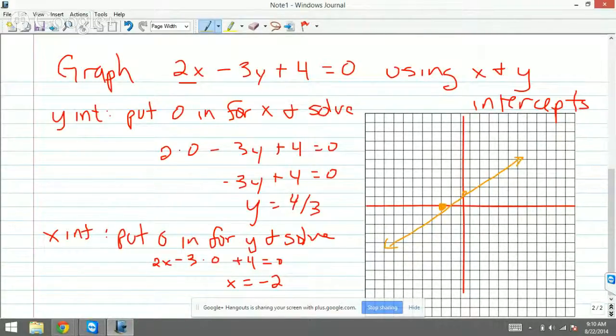And you know how to find x and y-intercepts now, right? Which one? This one? It's 4/3, which is 1 1/3. So on the y-axis, I go up 1 1/3. Look at example 2 in your book. It's on page 21, I believe.